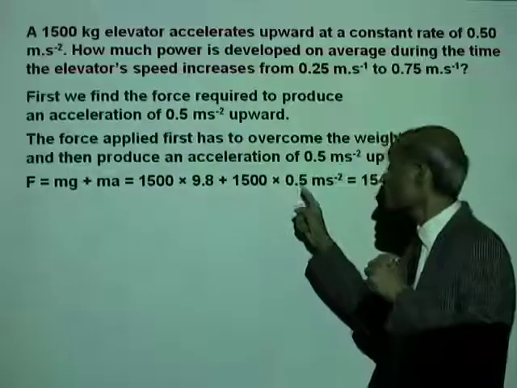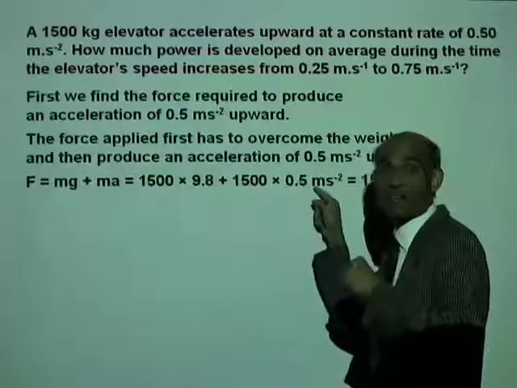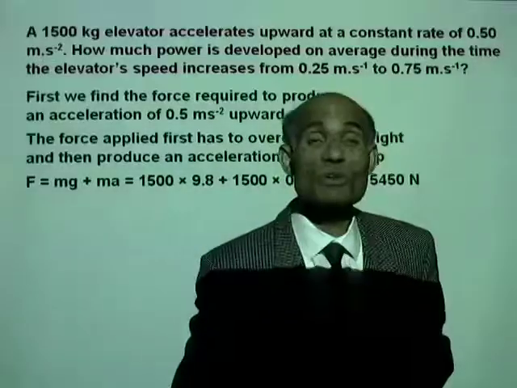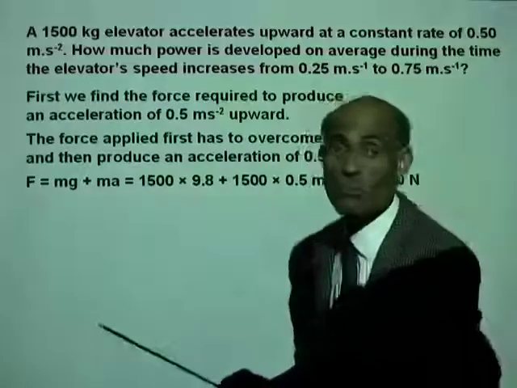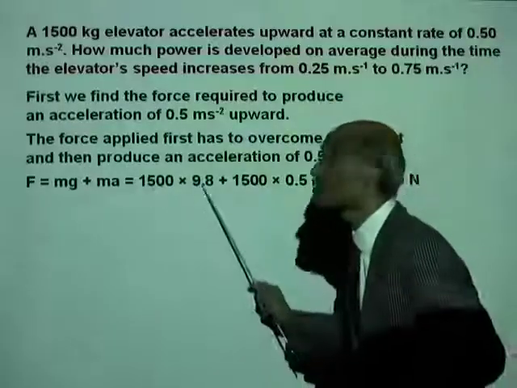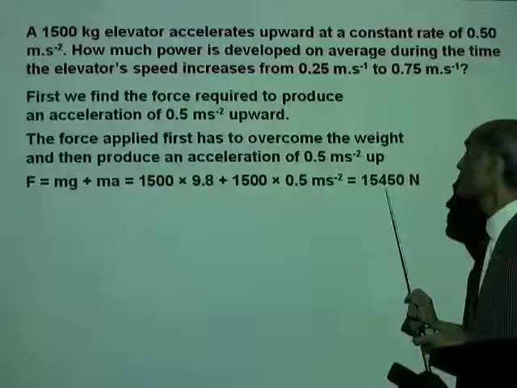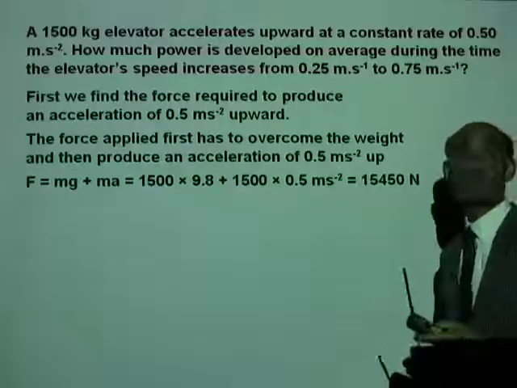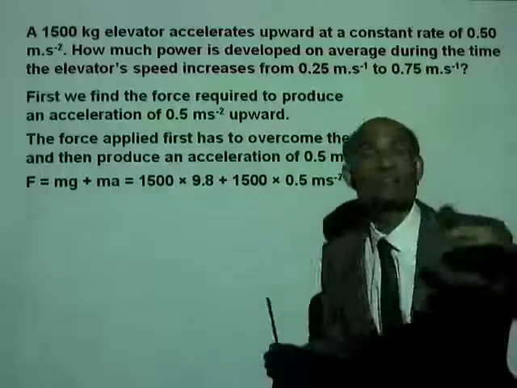And then the additional force required is mass times acceleration. So the total force that is needed to accelerate the elevator upward is mg plus ma. That is 15,450 Newton. It is this force that is doing the work in this case.